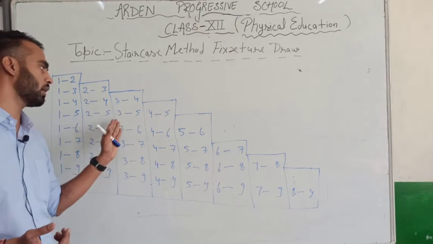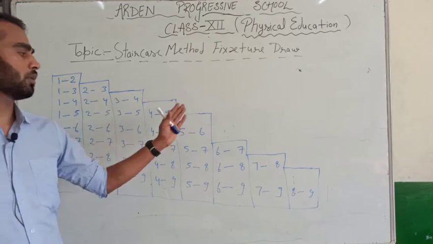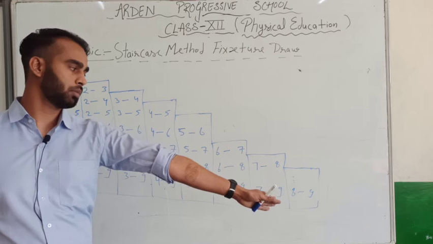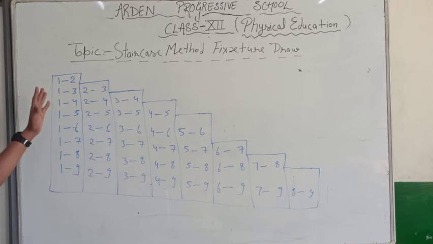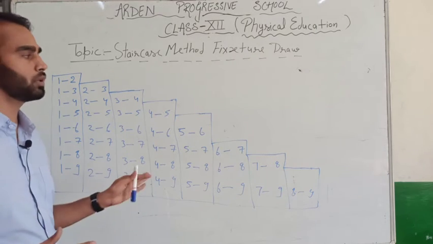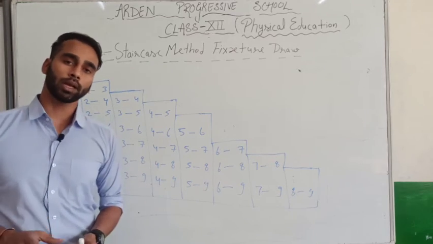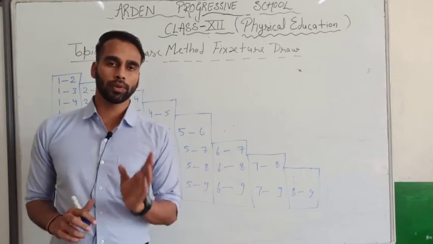Then the same for number 3, number 4, number 5, number 6, number 7 and lastly number 9. As you see, all teams play with all teams. No team remains without playing a match with any team. So this is the staircase method to draw a picture.